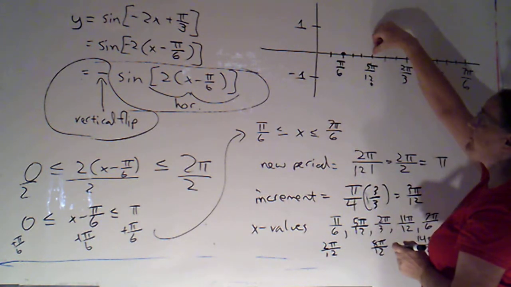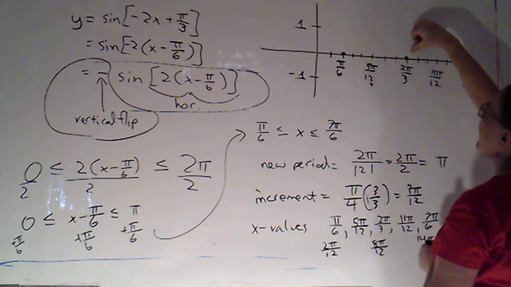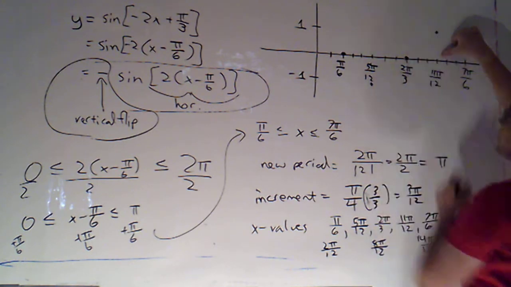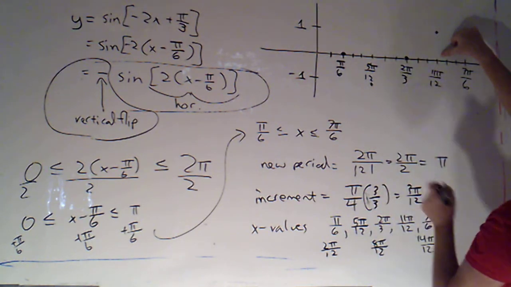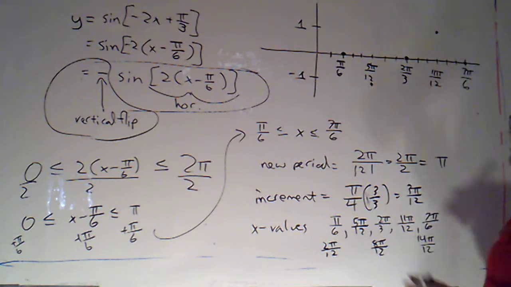So at 5 pi over 12 we're at -1, at 2 pi over 3 we're back at 0, at 11 pi over 12 we're now at 1, and at 7 pi over 6 we are back at 0.